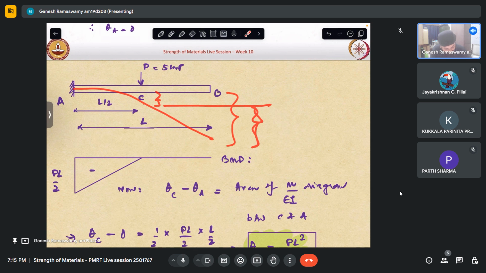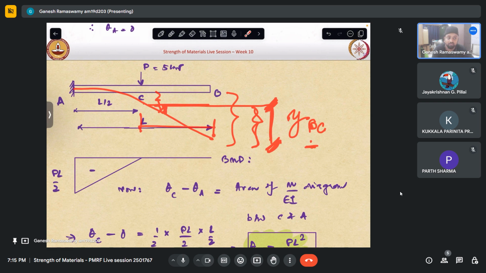Now what is the deflection between B and C? What is this quantity? It is nothing but my theta over here into L by 2.